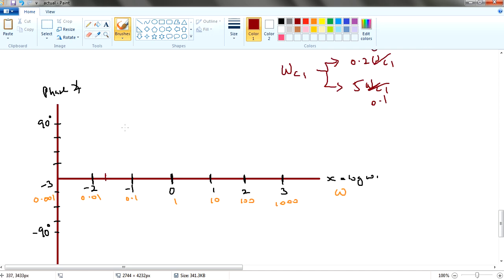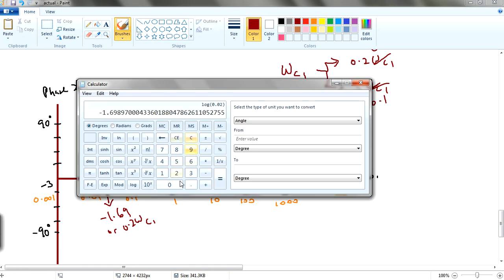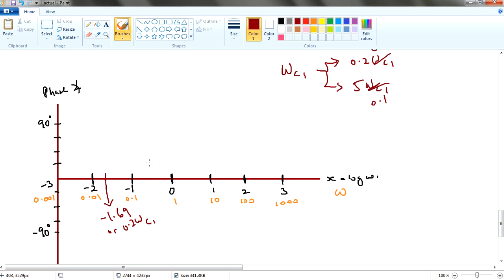So I can label this point as minus 1.69 or 0.2 omega c1. And then next I need to find the value of 5 times 0.1 of the cutoff frequency. So 0.5, which is minus 0.3, somewhere over here.